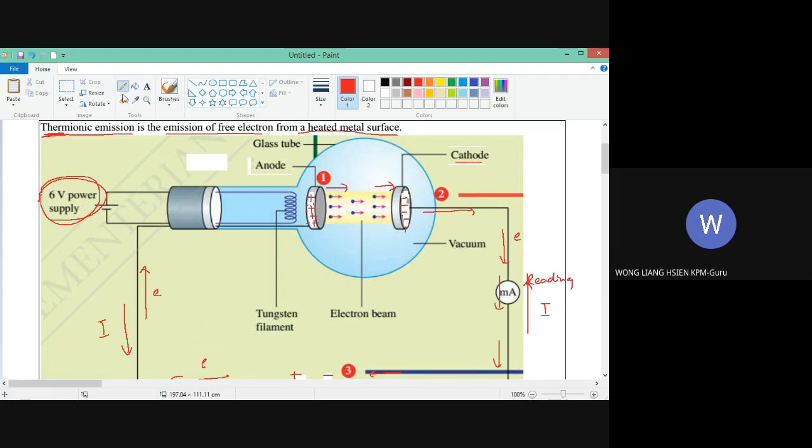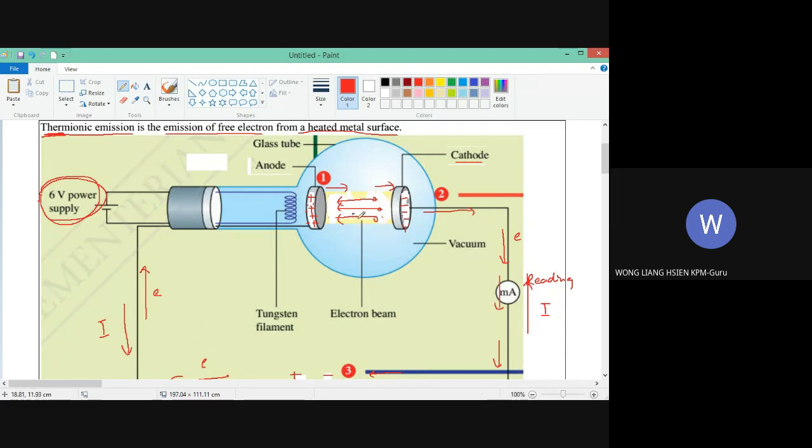When like this, is there going to be electrons flying in the opposite direction? Are there electrons or not? The answer is no. No electrons will be able to go in the opposite direction.